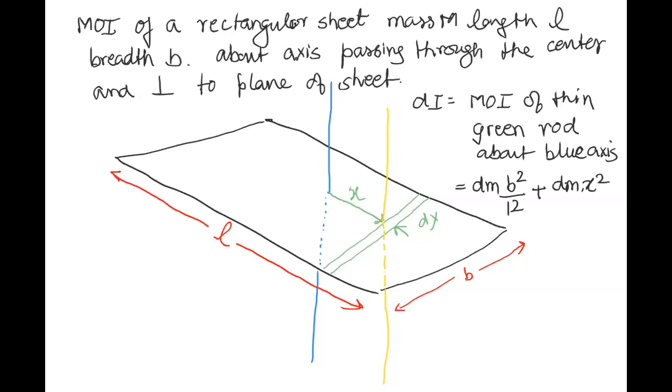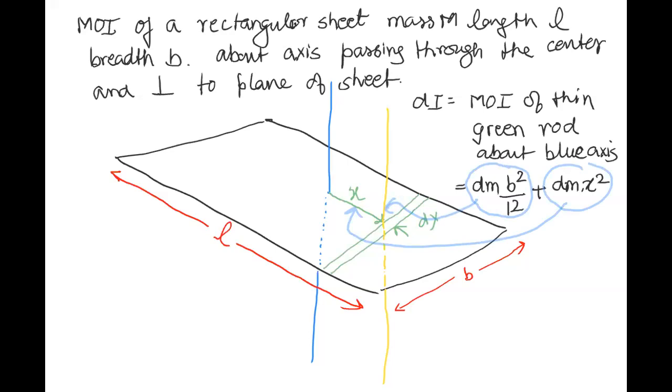I have applied the theorem of parallel axis. This is the moment of inertia of the green rod about the yellow axis. And this is the parallel axis theorem. यहाँ पे मैंने एक्सिस को x डिस्टेंस से शिफ्ट कर दिया. दूसरे एक्सिस के अबाउट मोमेंट ऑफ इनर्शिया निकाला.